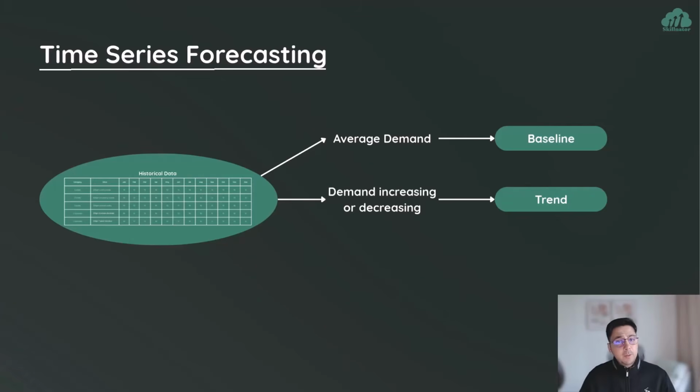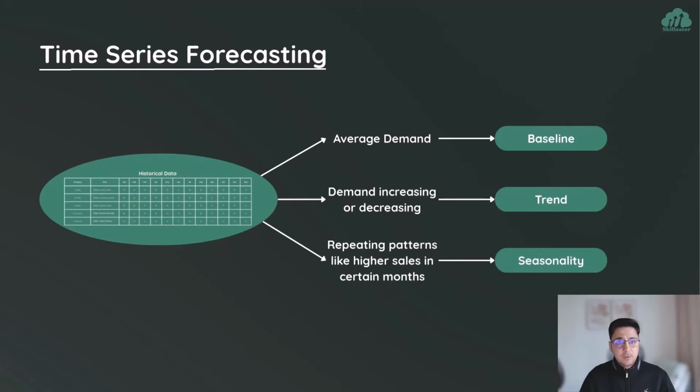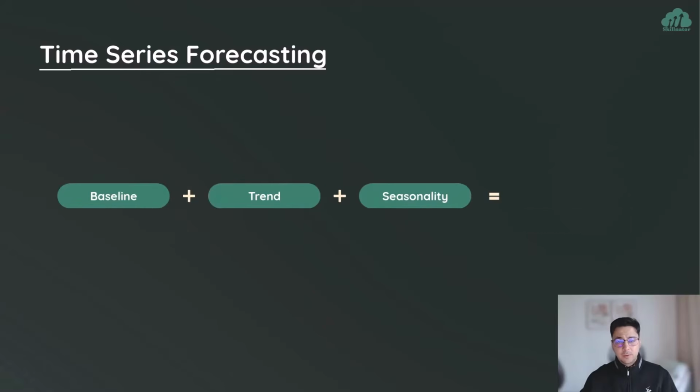Then it looks for repeating patterns like higher demand every summer or lower demand at the start of the year. That becomes the seasonality component. Once these pieces are identified, the forecast is generated by combining these three components together. So unlike a moving average, which can flatten out the patterns, time series forecasting aims to preserve the structure in the historical data.